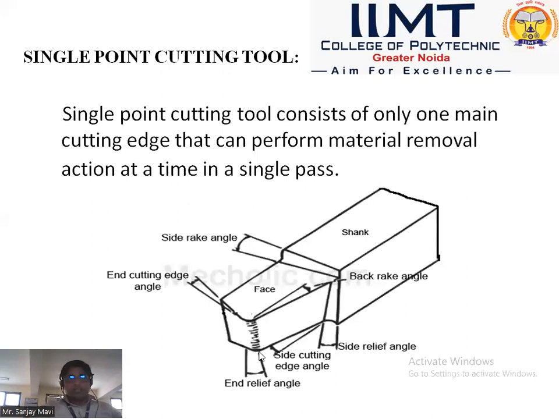This is the heel, and it is the intersection of flank and base. Base is the opposite surface of this face, so it is the bottom surface of this cutting tool, and these are the flanks. So this is the intersection of base and the flanks. This is called heel.